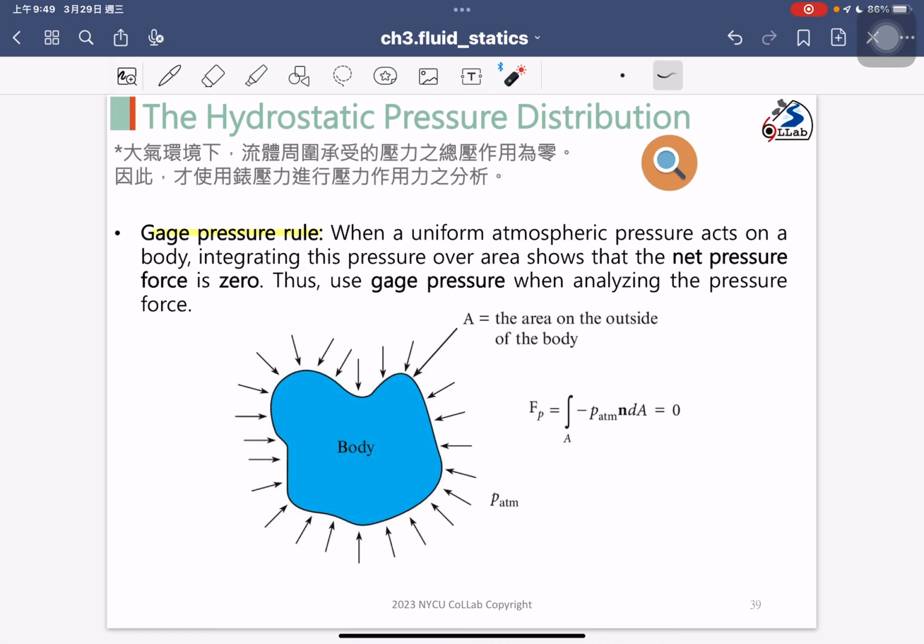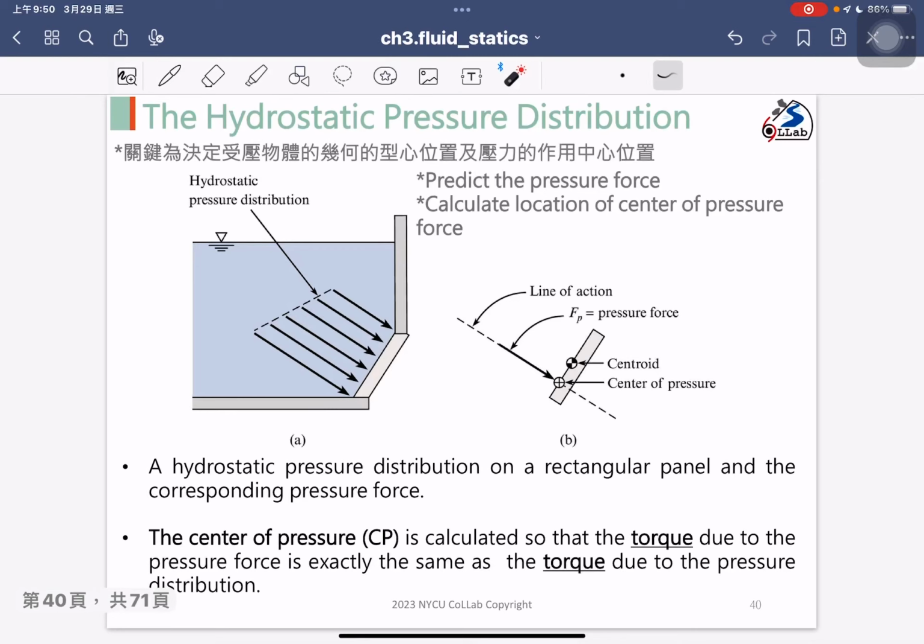Based on the gauge pressure rule, we know that the contribution force integrated over all the pressure distribution around our body will equal 0.